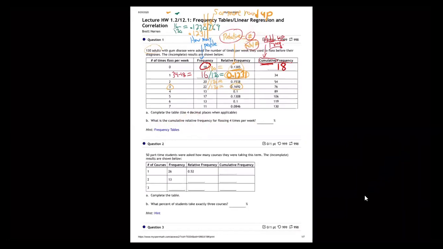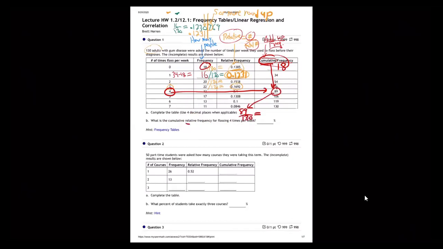Relative means divide. So when they say cumulative relative frequency of 4 times, we go to the 4 times, come over here and grab the cumulative number for 4 times, but I need to divide that by 130. So I take the 4, go over here to cumulative, go down, grab that 89, and divide 89 by 130.